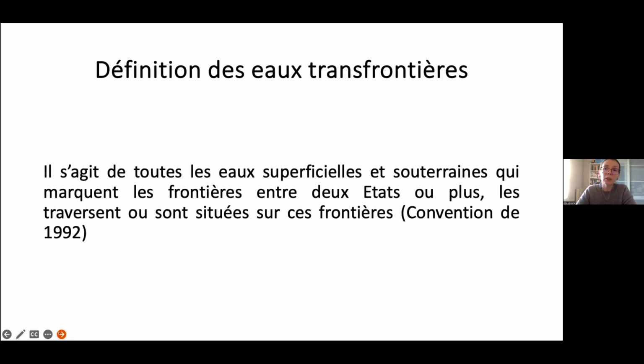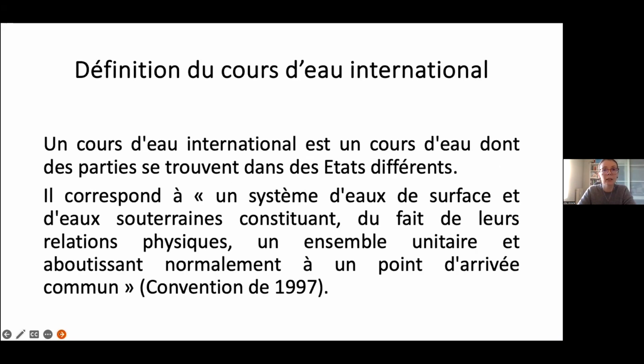And the two conventions that we've just mentioned define what cross-border waters are in terms of the convention. So it's all groundwater and surface water that cross the states or that are located along the borders.